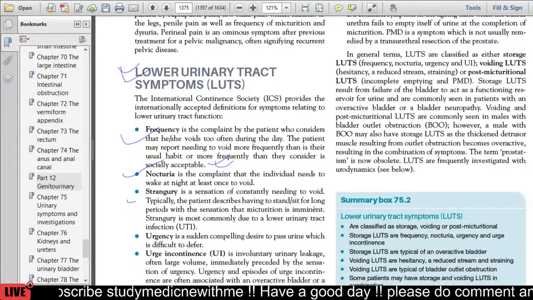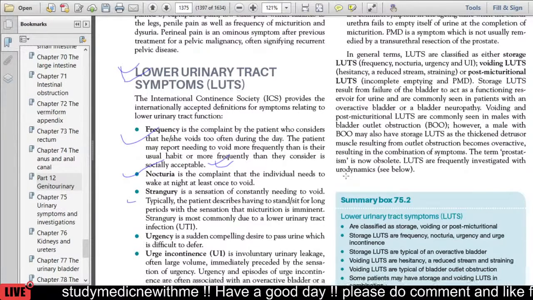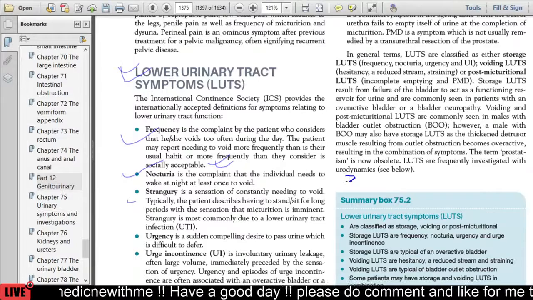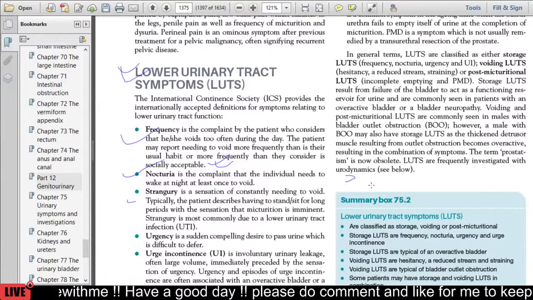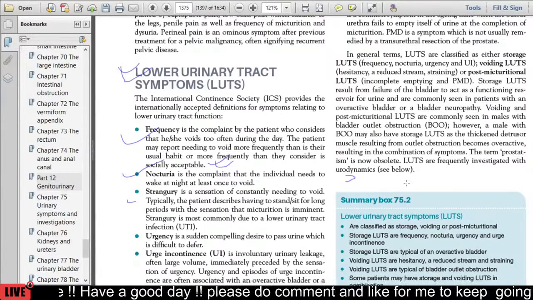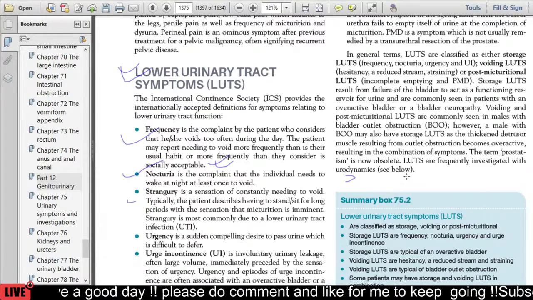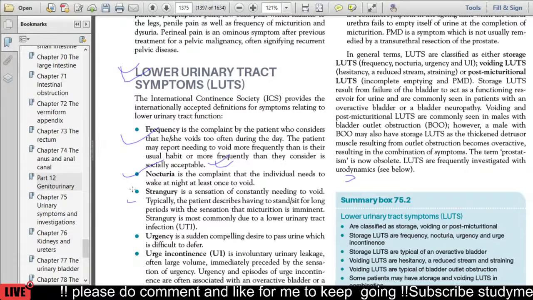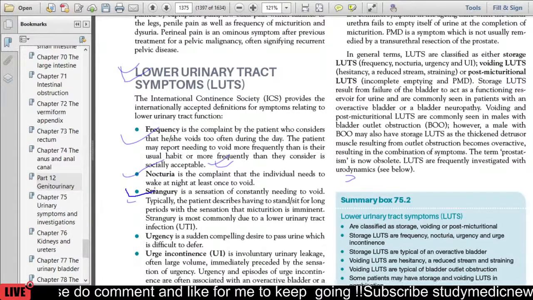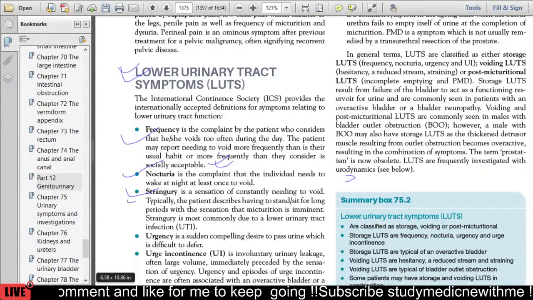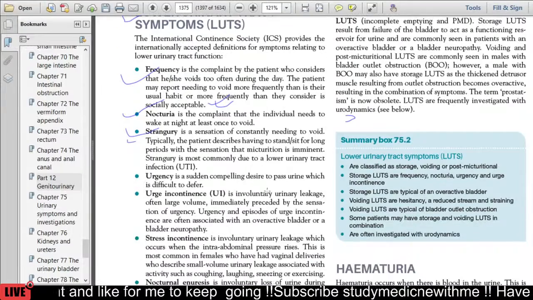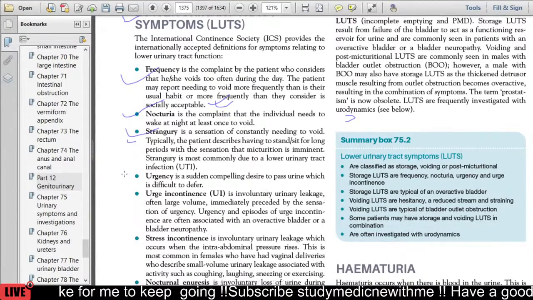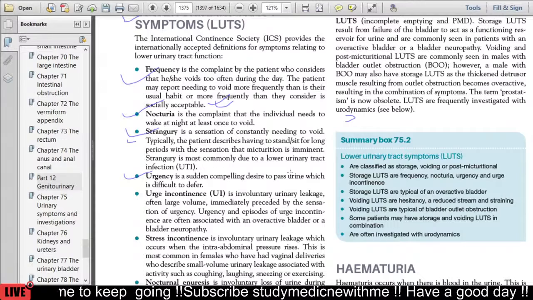The patient stays in the bathroom for a long time, as they have that feeling that the urine is not yet complete. That term is called strangury. Urgency is a sudden compelling desire to pass urine which is difficult to defer.